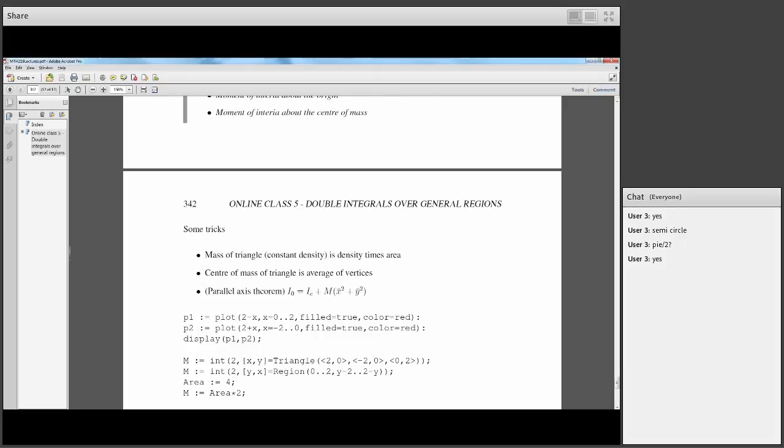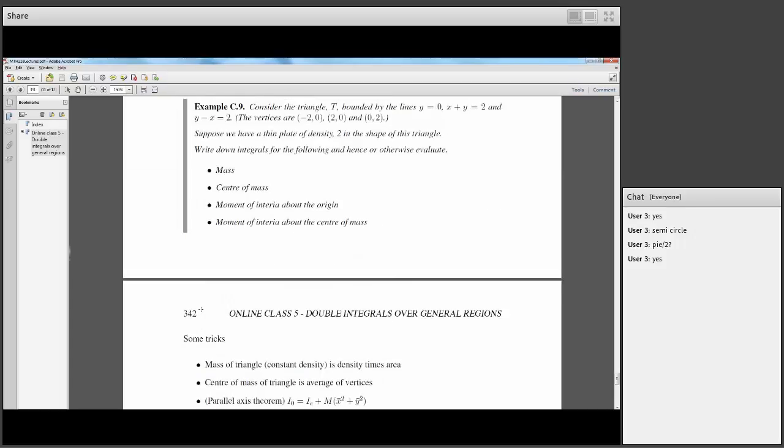What I'm trying to press upon you is that this stuff is useful. That's what I'm really just trying to sell you. These results are needed. People do need to know them from time to time. Moment of inertia is really important for anything rotating. Center of mass and mass is really important to any other movement.